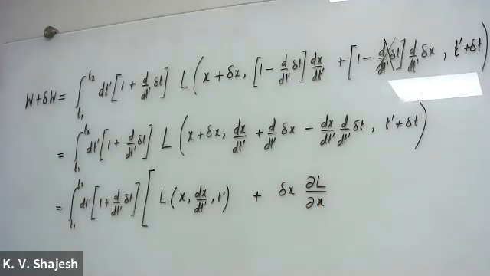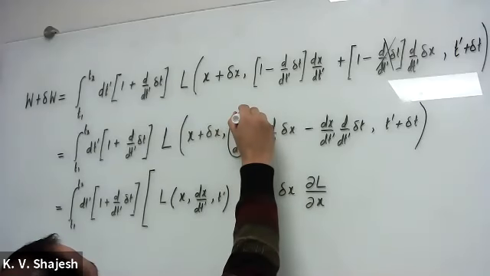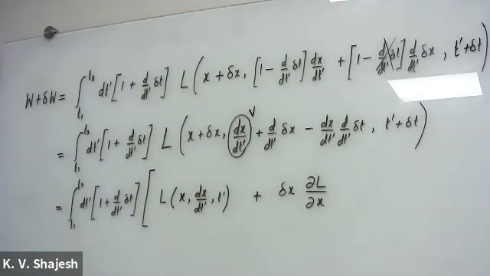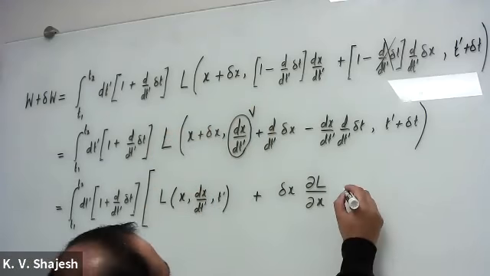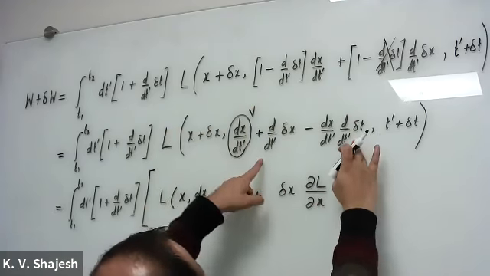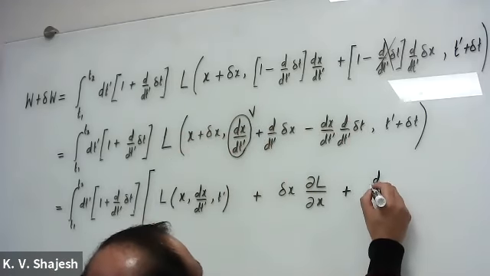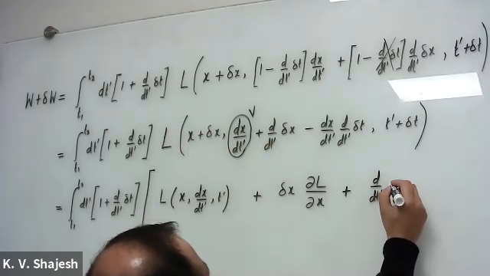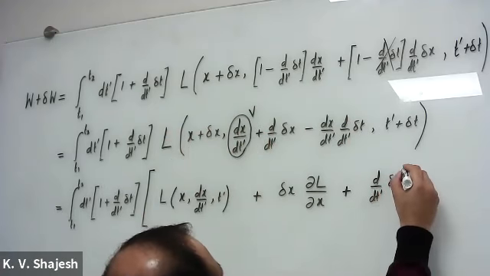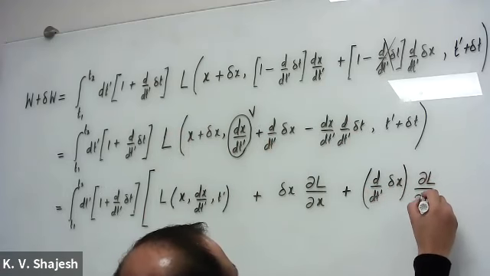Then there is a contribution from the velocity. For convenience I will call this velocity v. So then I have plus this whole thing, which is a variation, d by dt prime of delta x, multiplied by the partial derivative of L with respect to the velocity v.